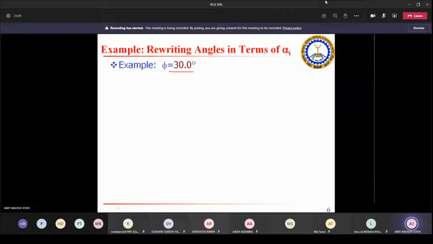So let's consider that I am interested in angle 30, which is not a conventional value in the table. How can I get it? It has to be some linear combination of my alphas, that is alpha 0 plus or minus alpha 1 plus or minus alpha 2, like that. How can I do it?